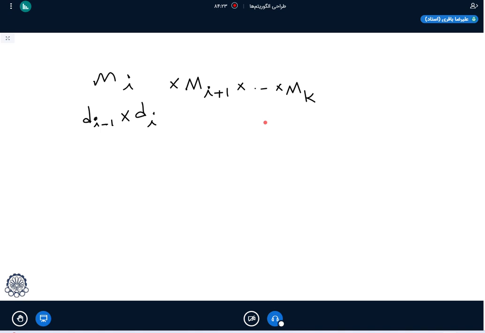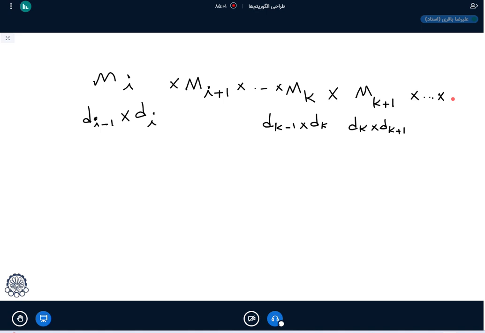The dimension of Mk is dk minus 1 by dk: the number of rows is dk minus 1, and the number of columns is dk. Then it is multiplied by Mk plus 1, whose dimension is dk by dk plus 1.